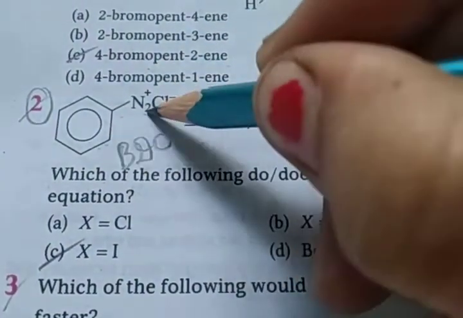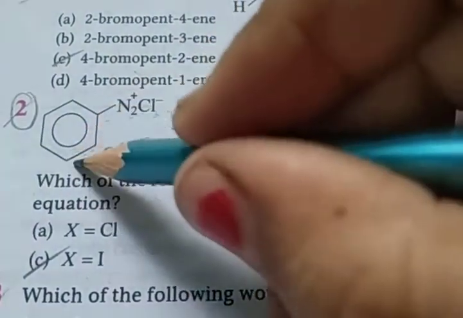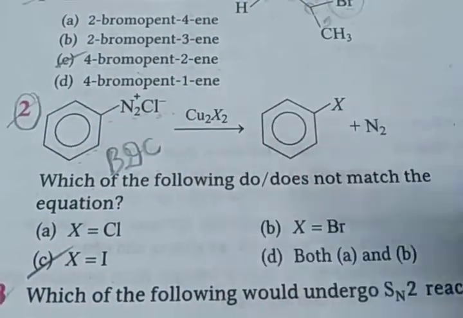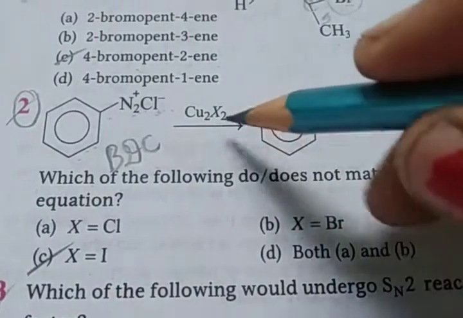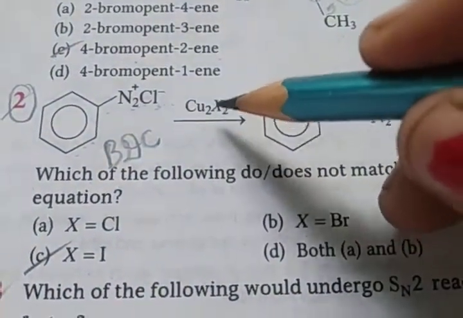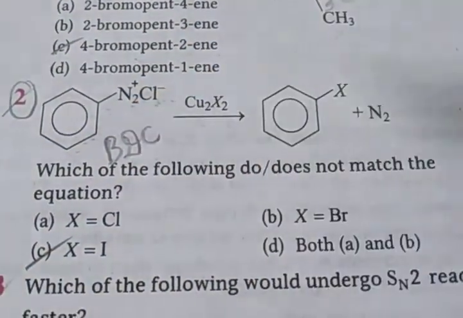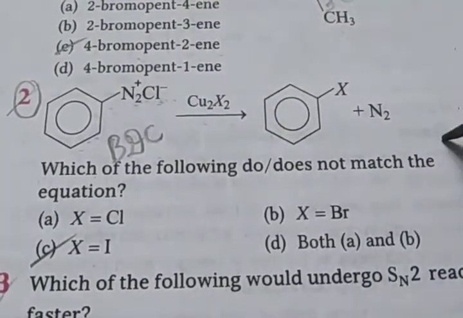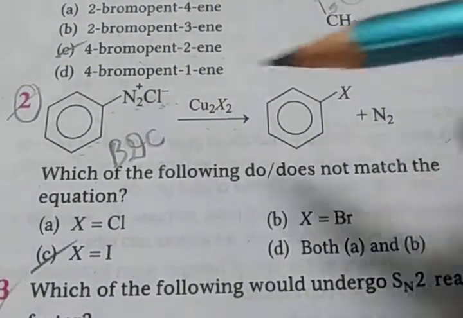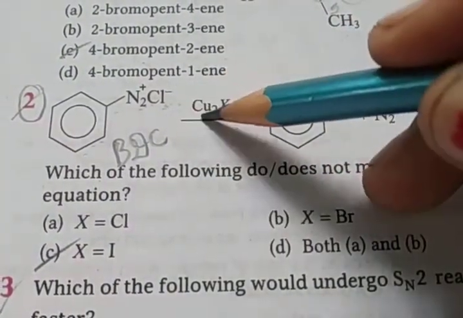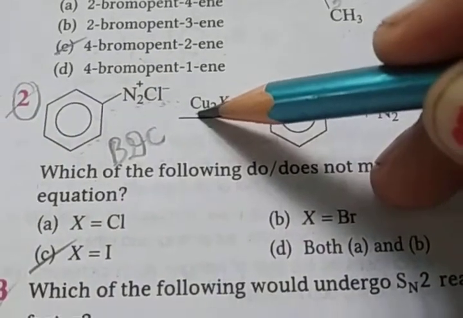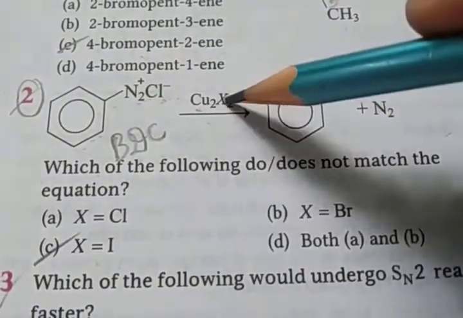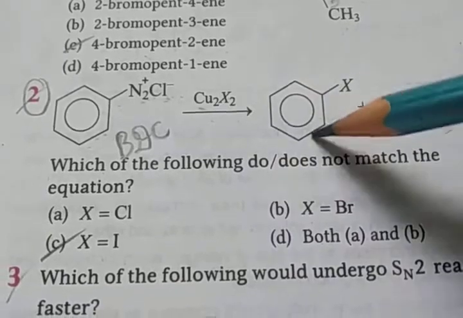Benzene diazonium chloride. In the presence of Cu2X2, the halogen gets attached to that compound and N2 leaves as N2 gas. Then this Cl reattaches with copper and is isolated. So halogen X attaches with benzene, and halobenzene is formed.